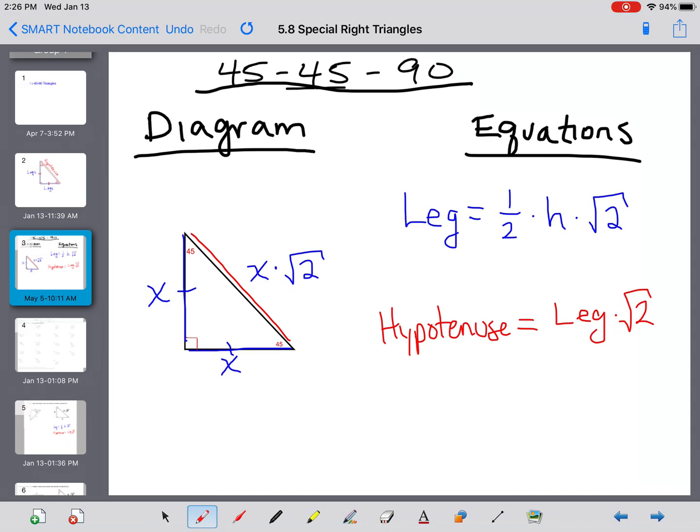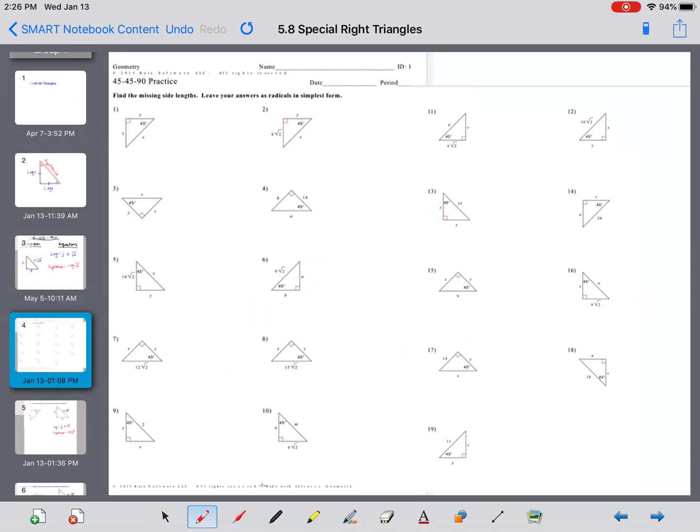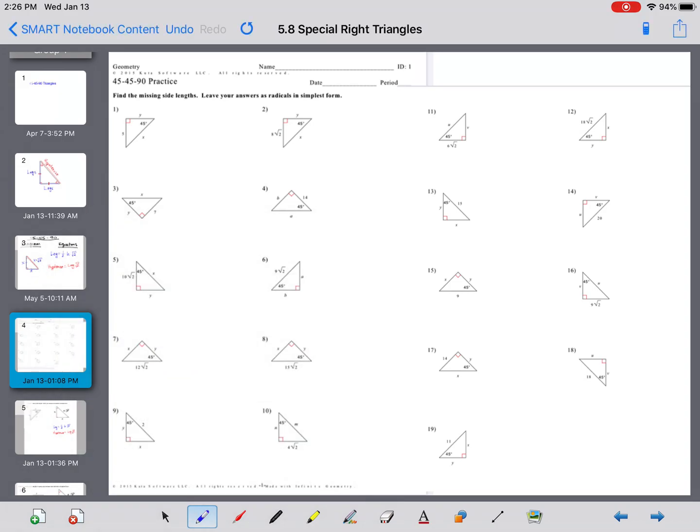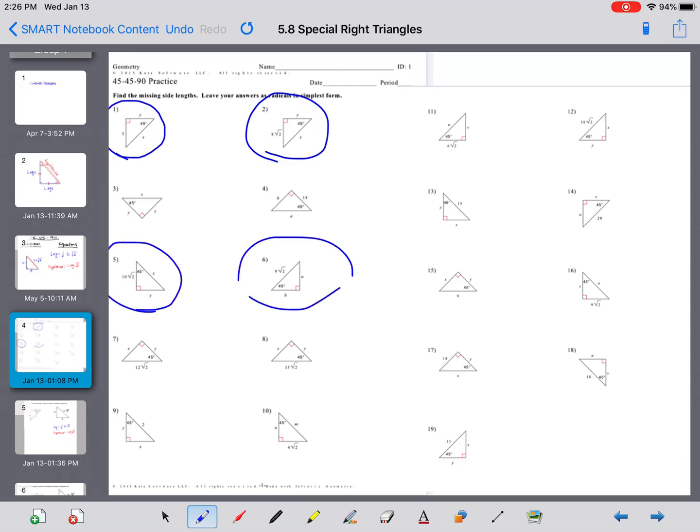Now again, we're going to dive into some problems from your assignment. Be sure that you have this assignment printed off because I'm going to go over problems 1, 2, 5, 6, and 13, each representing a problem similar to others throughout this worksheet.